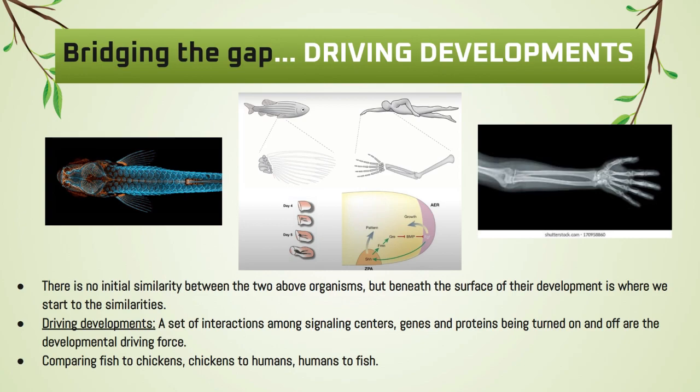So, driving developments: a set of interactions among signaling centers, genes, and proteins being turned on and off are the developmental driving forces. The picture in the image is comparing fish, human, and a chicken. We can see the developmental process is very similar. However, there are genes that are being turned on and turned off to maybe develop a hand instead of fins.